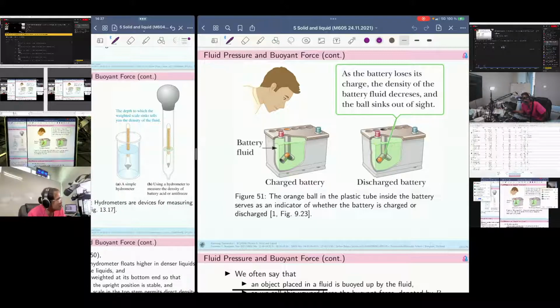When the mix of these 2 liquids is in good condition, you have high density of this mixture. The high density will bring more lifting force to this ball, and this ball would stay somewhere in this portion of the pipe.